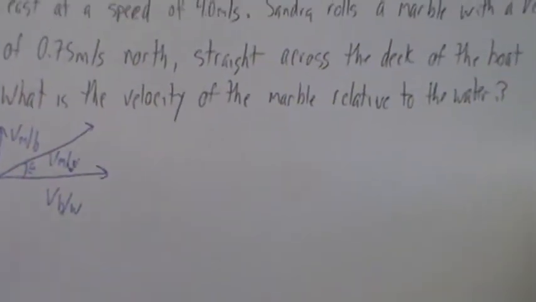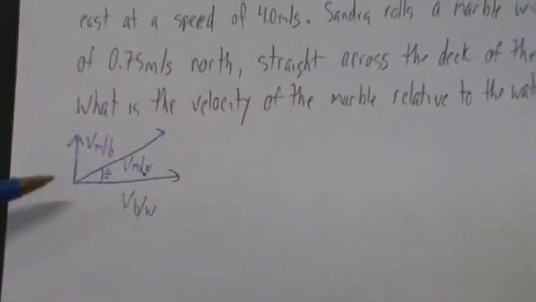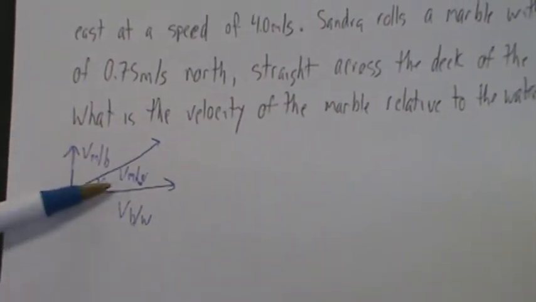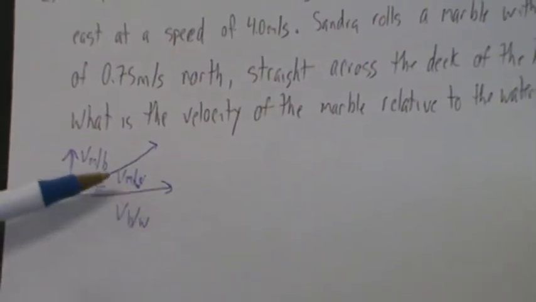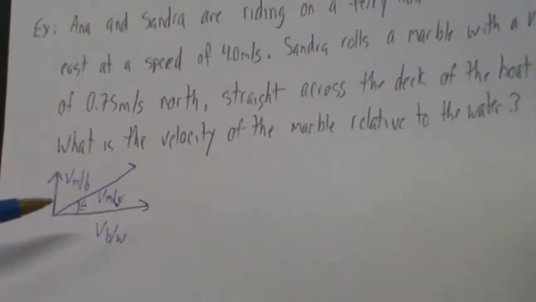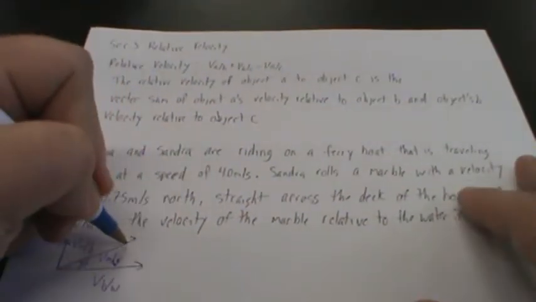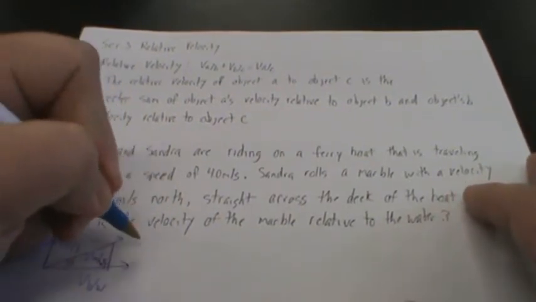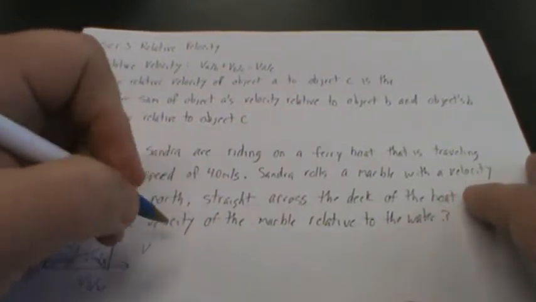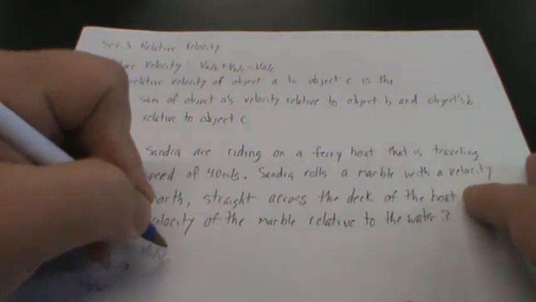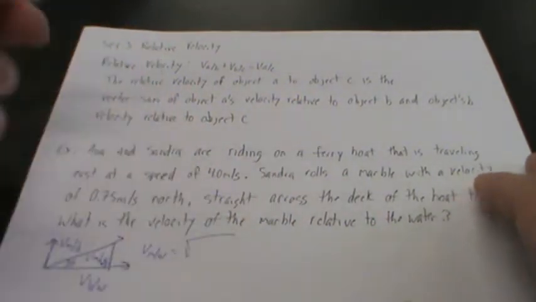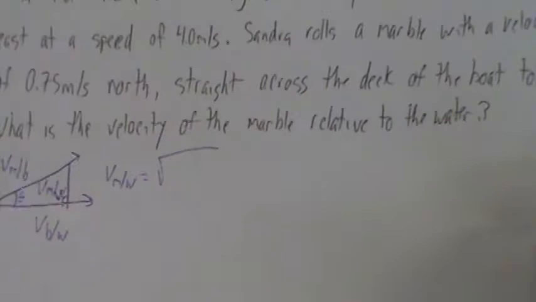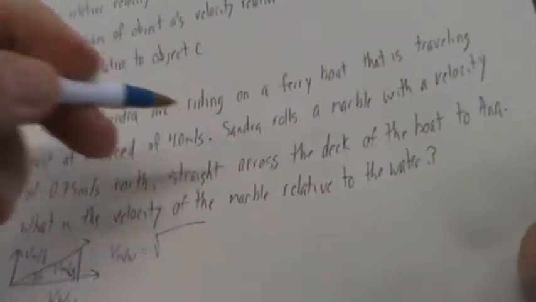So, since the marble on the boat is traveling a different direction than the boat in the water, we're going to use the Pythagorean theorem because we're trying to find that right there. So the velocity of the marble compared to the water is going to be equal to the square root of the sum of our two velocities that were given to us.